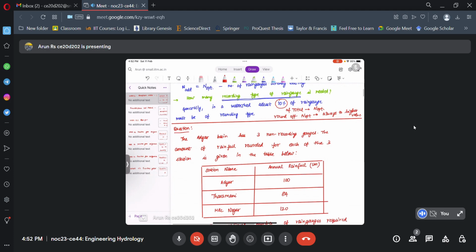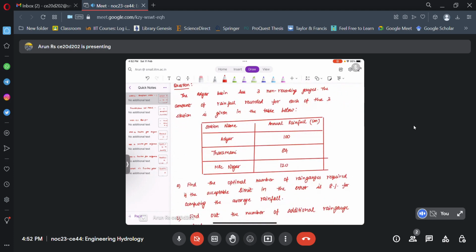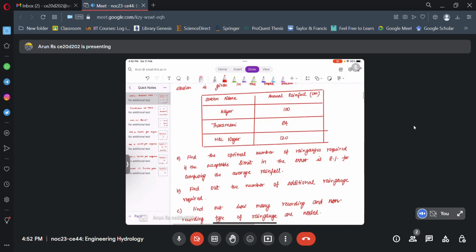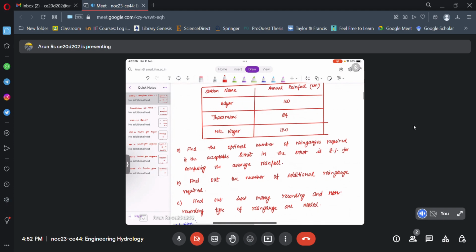So now we can solve a question on this. The Adayar basin has 3 non-recording rain gauges. The amount of rainfall recorded for each of the 3 stations is given, that is, the annual rainfall of each station.